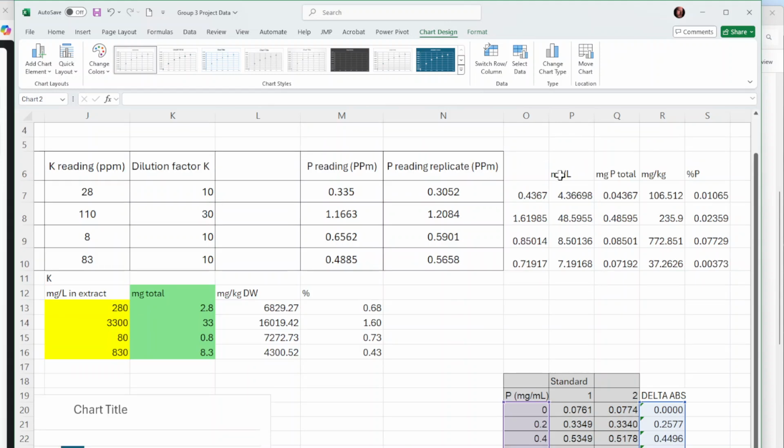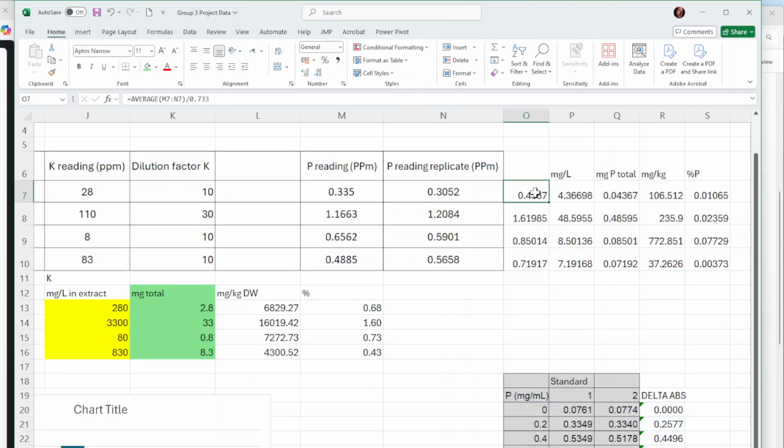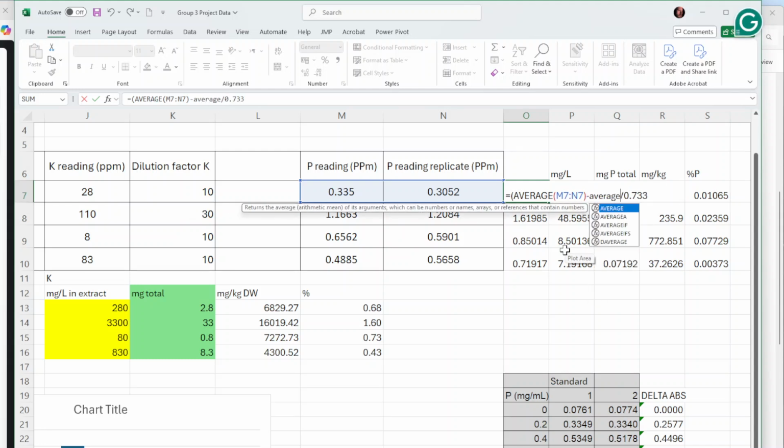So what I did here in the calculation of the phosphorus, you will see on the top that I'm dividing that delta. Oh, there's another thing. This is the average, I didn't put it here, minus the average, so let's put it already calculated here, the average from the 0.